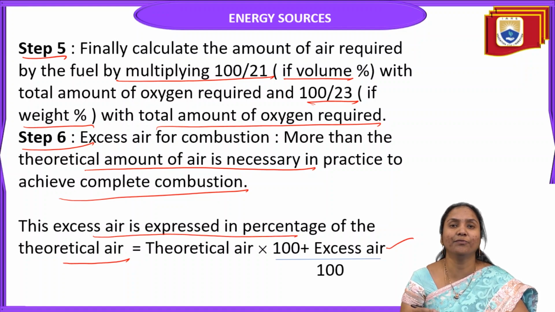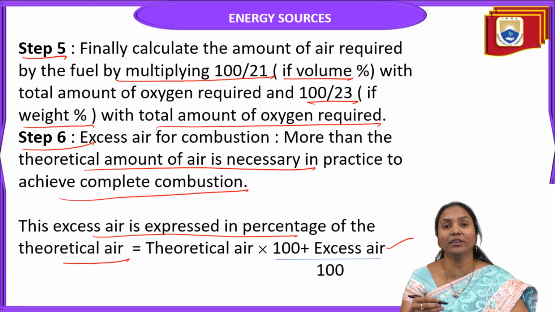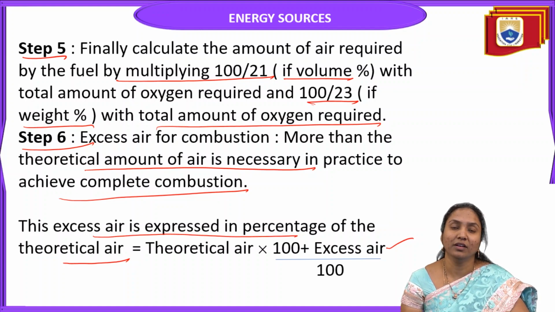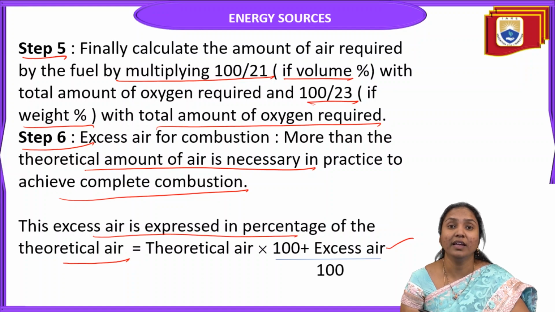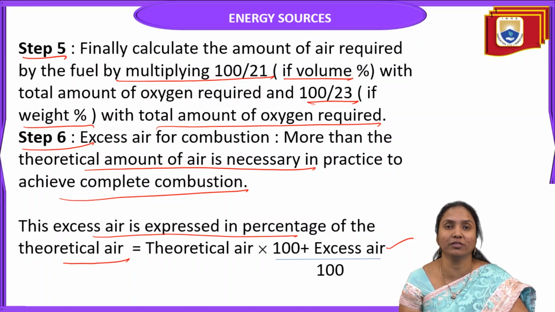Next, step 5, if air contains 21% of oxygen, we write 100 by 21 with the total amount of oxygen required. Or otherwise, if air contains 23% of oxygen, we write 100 by 23 with the total amount of oxygen required.